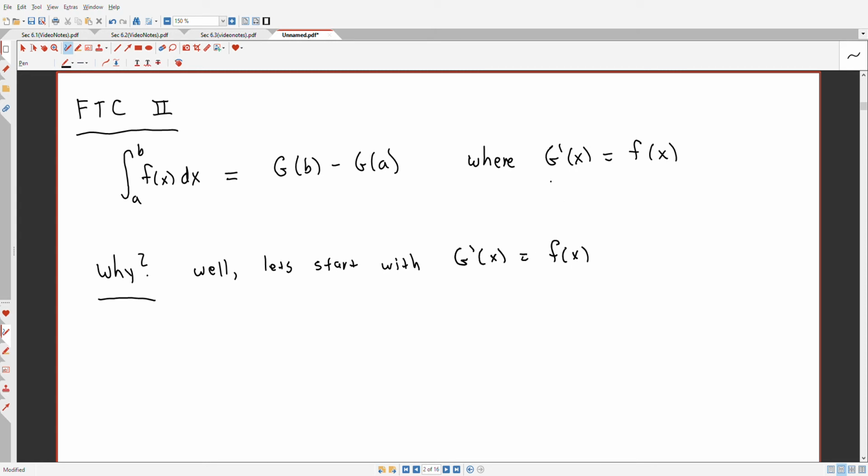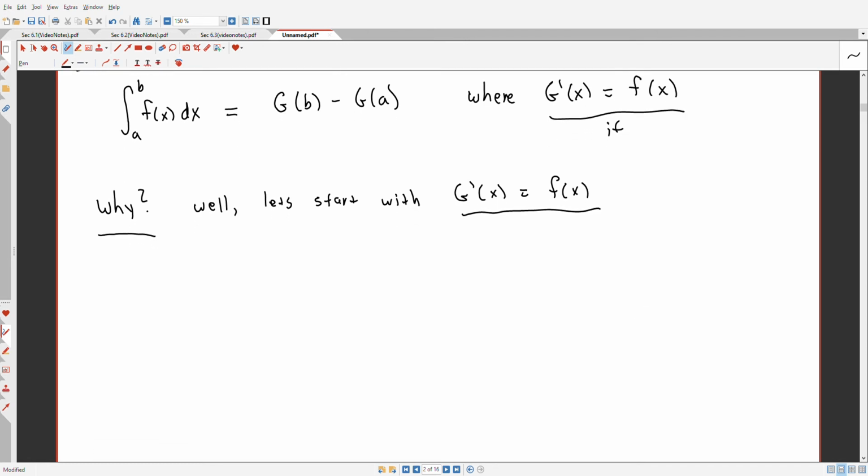If you know an antiderivative, then you can evaluate this stuff. So let's say, suppose I know this. And here's what I'm going to do. I'm going to say that the definite integral of f of x dx, I'm going to admit, you know what? This is a limit of a bunch of rectangle area.